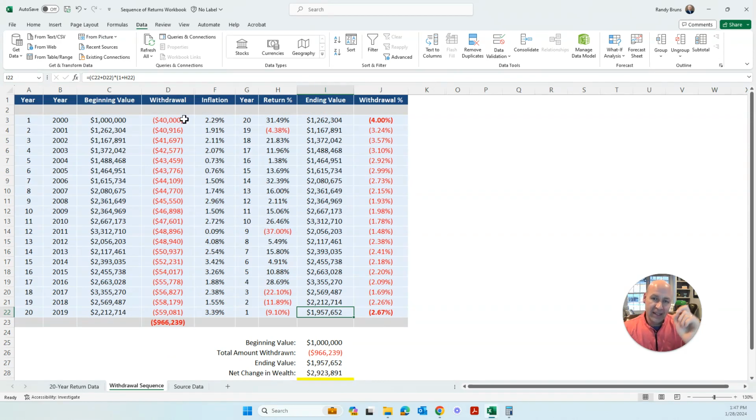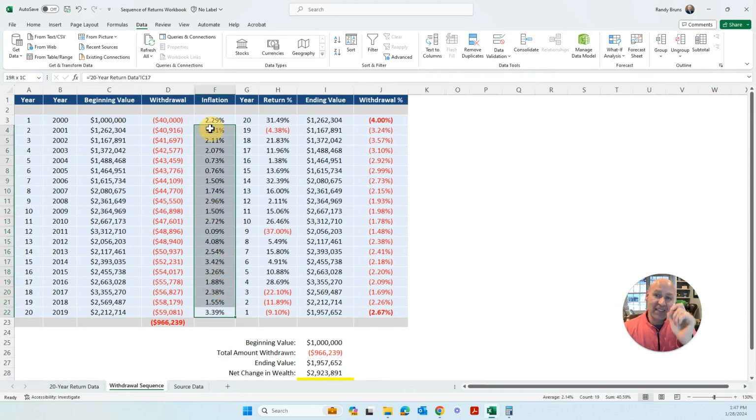Again, one thing you'll also notice here, we had 1,004,000 pulled out because we were following inflation that direction. When we inverse the rate of inflation, which goes in line with inverting the returns, you ended up only pulling about 966,239 out.